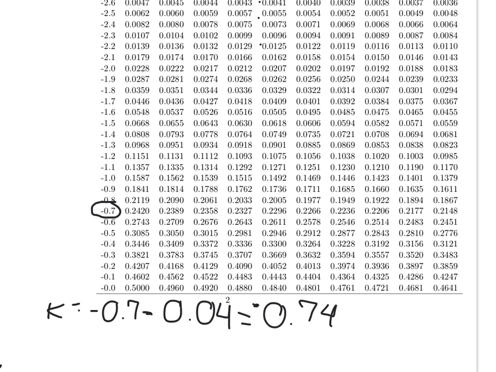Okay, so your k value is minus 0.74. All right? What I'm going to do is help us find all of our Ks, and then the last part of this we're going to go back through and do the finding the X's. All right? So just hang on for a little bit on the X's.